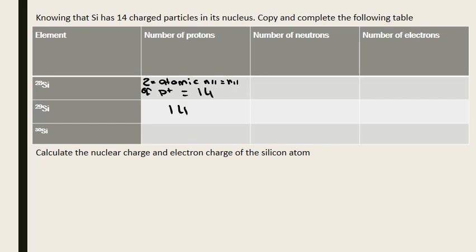So all of them have 14 protons, and 14 electrons in a neutral atom. Number of protons equals number of electrons, so this also equals 14.